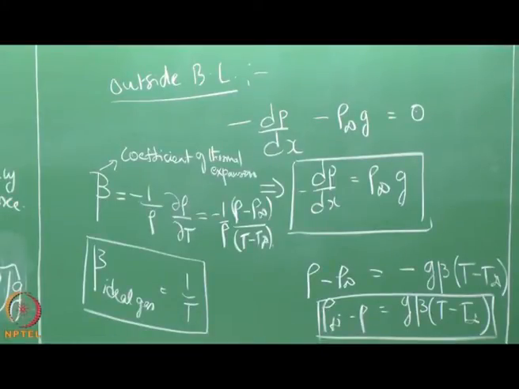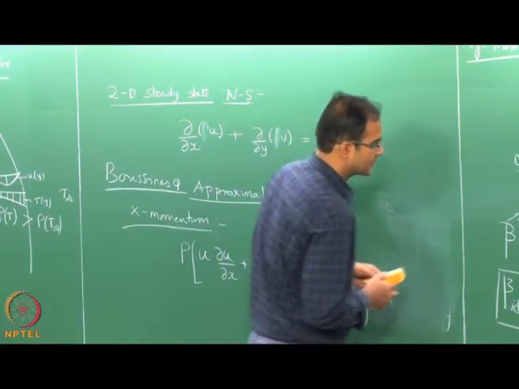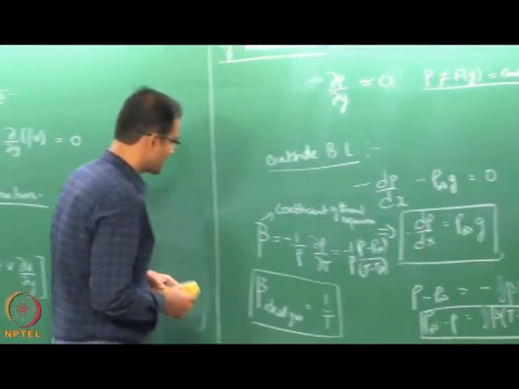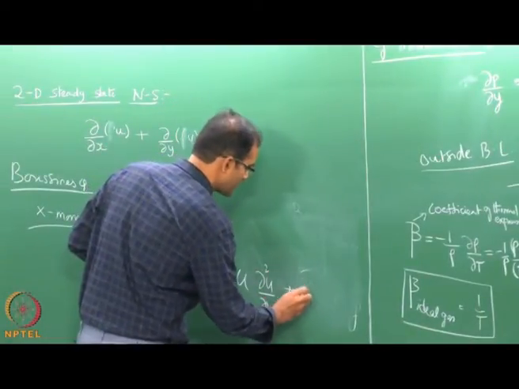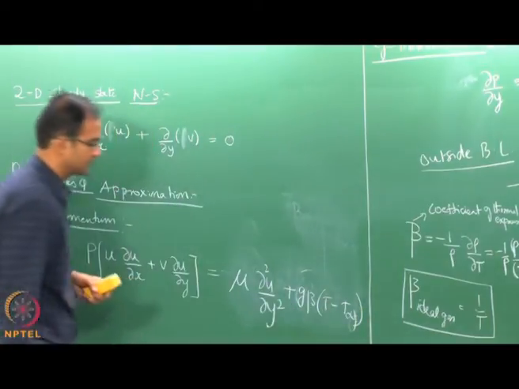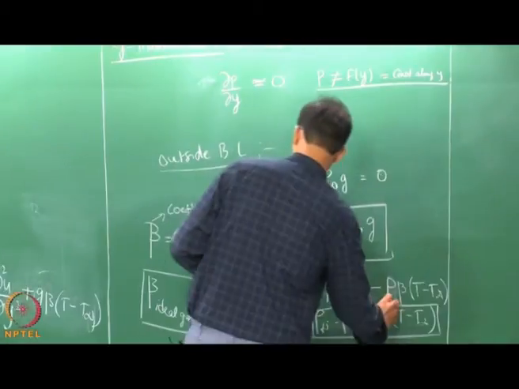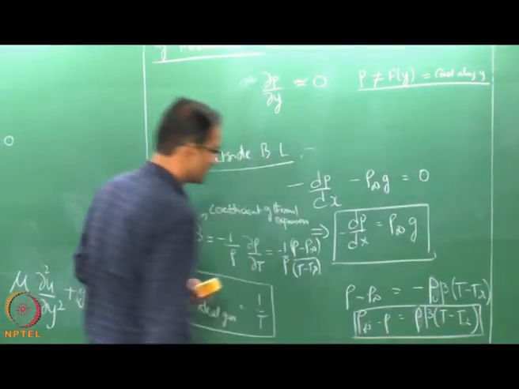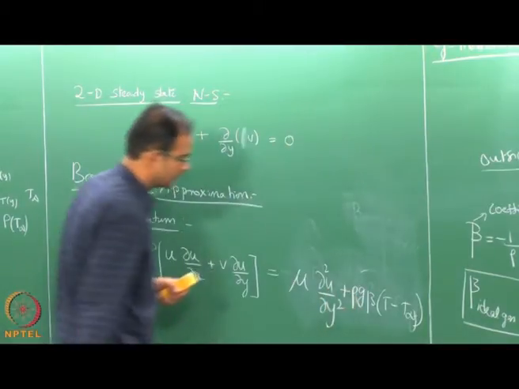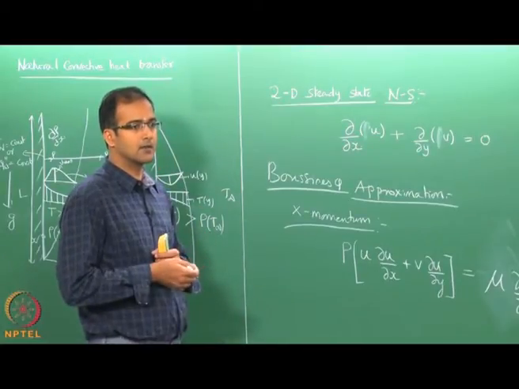So, you can substitute for rho infinity minus rho from there. I am sorry, g should not be here. Once you substitute into this, you have g, rho beta into T minus T infinity. Now your buoyancy force is written as a function of temperature difference.